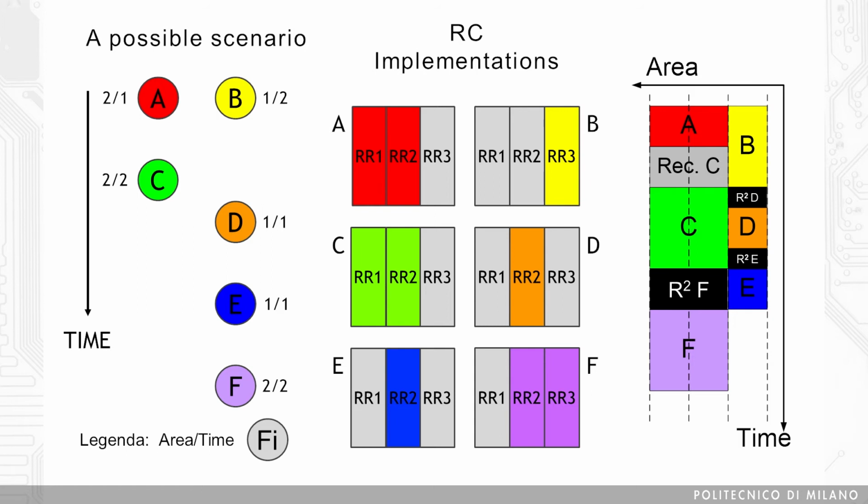The idea is quite simple. We have just one implementation per service functionality. Now, do you remember what, at the end of the day, a reconfiguration is all about? It is the storage in the configuration memory, at the proper addresses, of the configuration data.